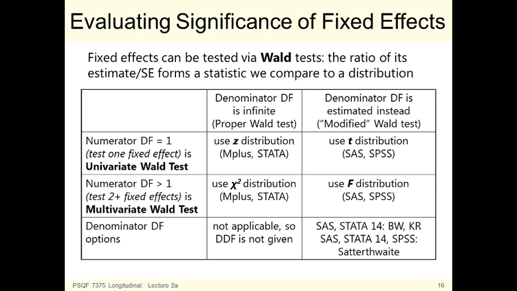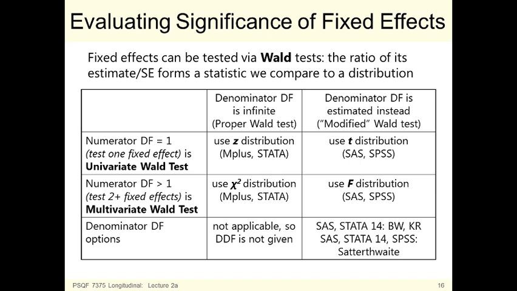Whether you get the t or the z depends on your software. This is something I discovered too late, so I wanted to give it to you right away. The number of terms you're testing at once is what delineates the rows in this table on slide 16. If you're testing one thing, for instance one slope for one predictor, then the degrees of freedom for the test has a numerator of 1. That's where we fall into the category of univariate Wald test.